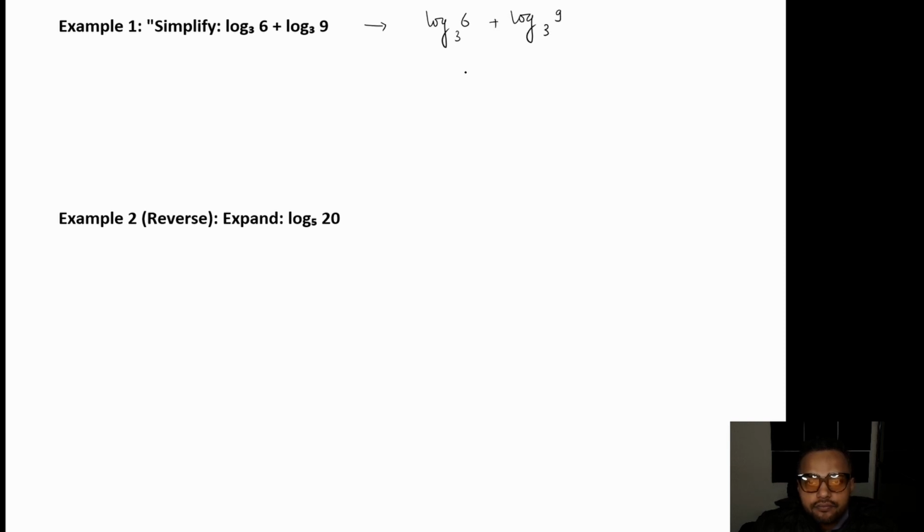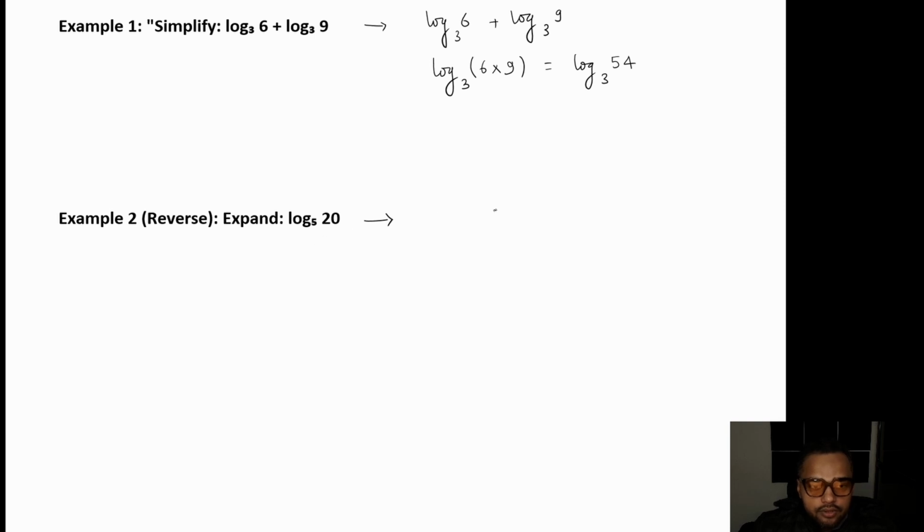What we need to do, we have just learned the product law, so it will be log with base 3, and the terms inside will be multiplied. So it will be 6 times 9, which equals log base 3 of 54. This is what our product law tells us.